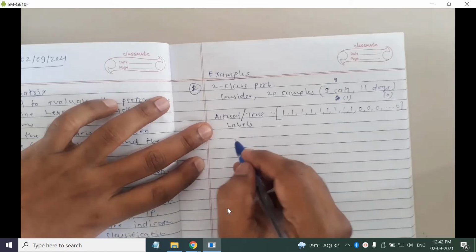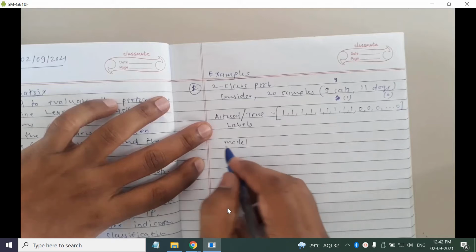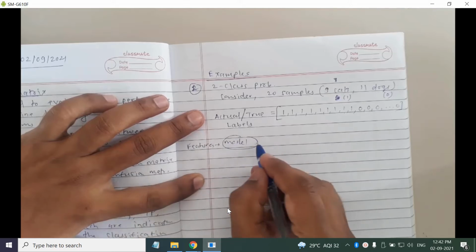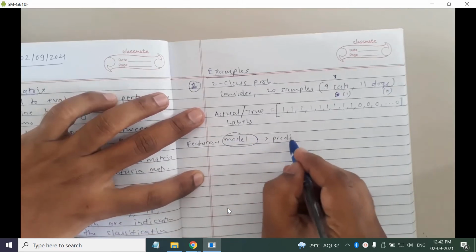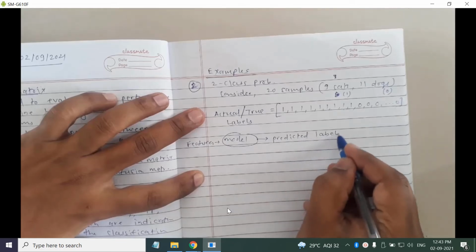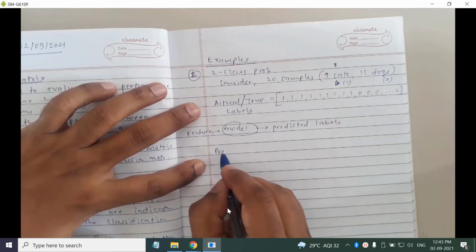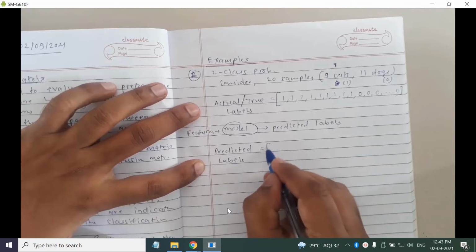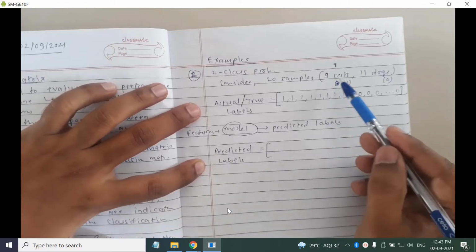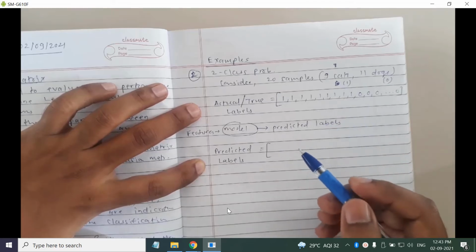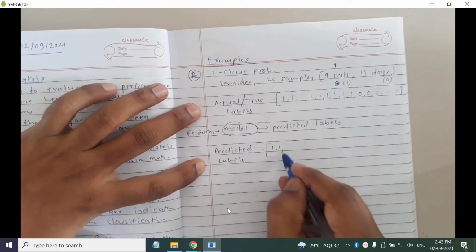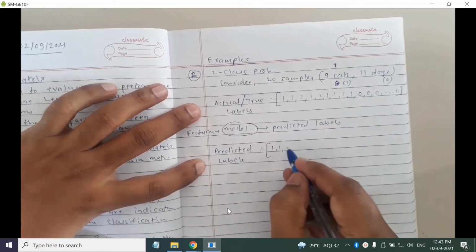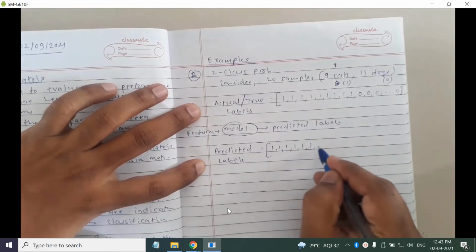Let's say we have built a model, and if I provide features to our model, it gives us predicted labels. Now let's consider that out of 9 cats our model was able to identify 8 cats correctly. So there will be a 1-to-1 mapping: the first one is correctly classified, the second one is correctly classified, and this will happen for 8 cats.